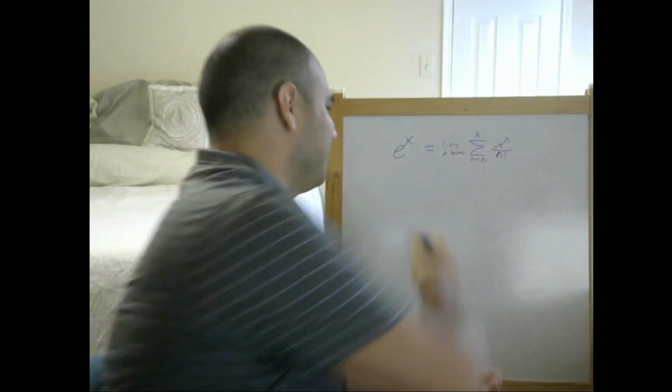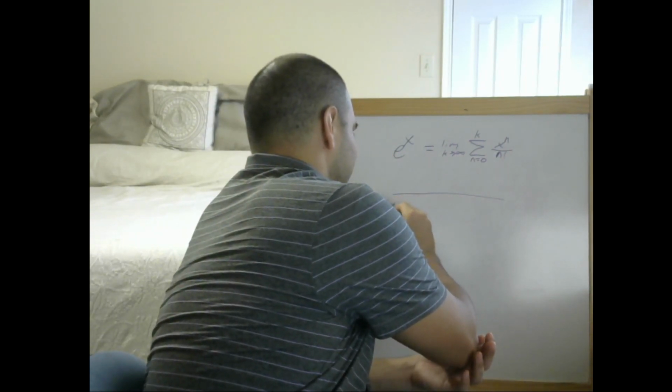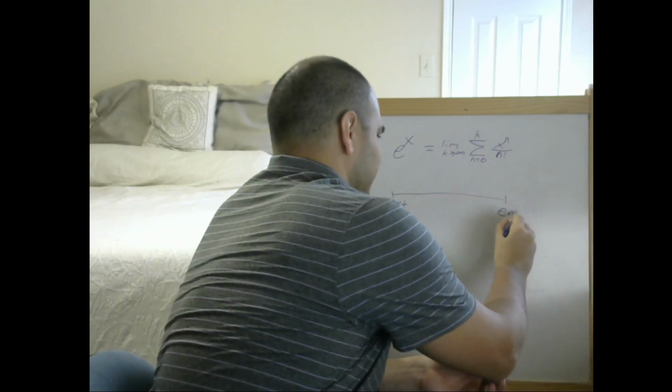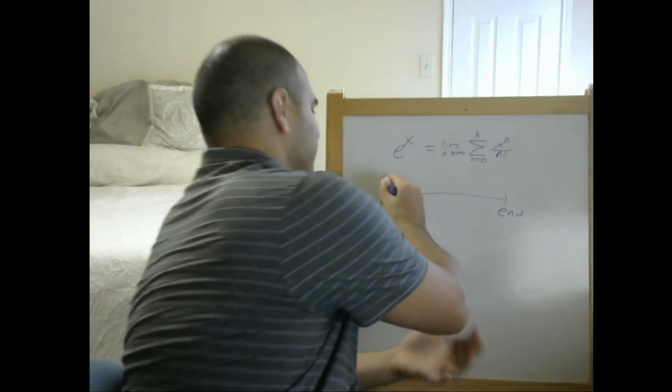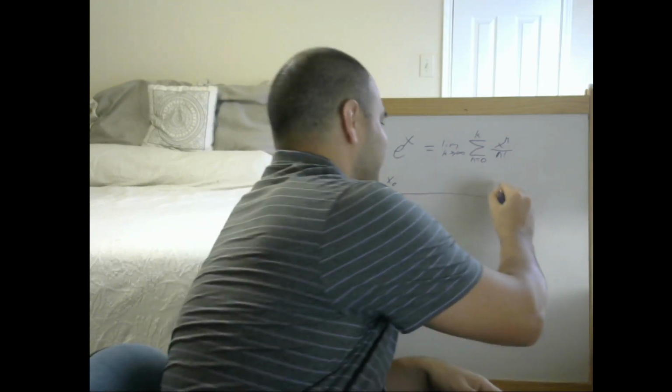body, right, in some coordinate system. So if you have a strip of road, then you have some initial position and some final position.